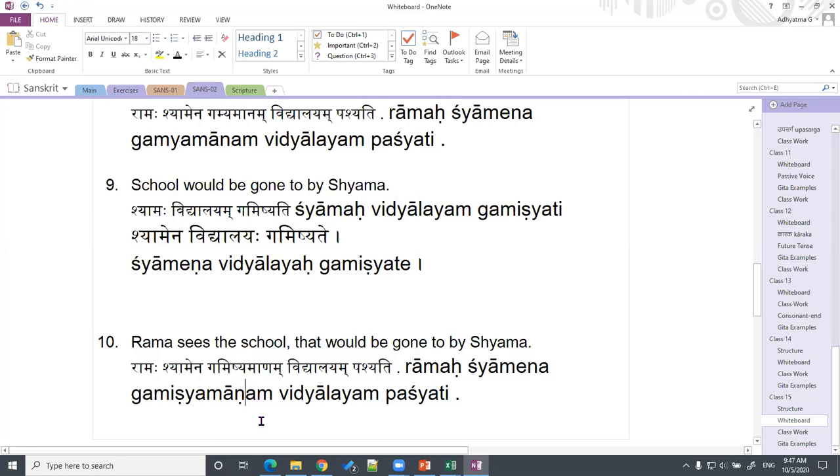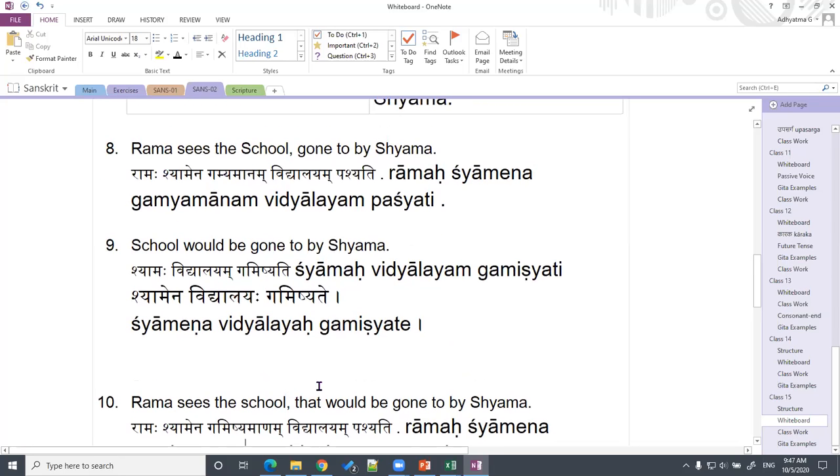So it becomes Gamishyamanam Vidyalayam Pashyati. So many times you will see instead of Mana, it is Mana. So remember our Nattam rule. Based upon that, it will become either Mana or Mana. So accordingly you will change. In the future participles, it's very common to have Mana. In the present, it depends upon the verb form.